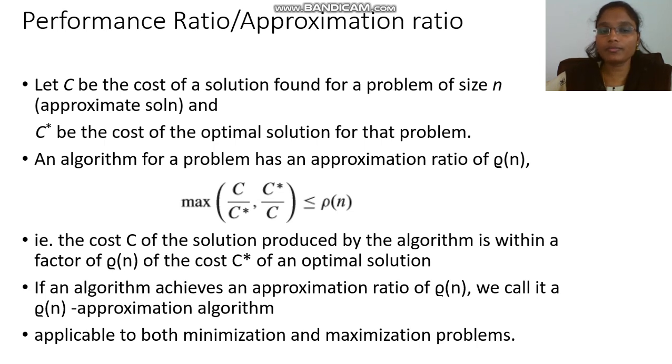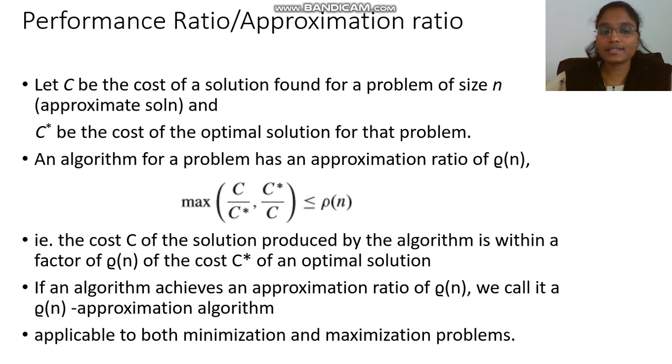An algorithm for a problem has an approximation ratio of rho of n for the given input size n if the maximum of C by C star and C star by C is less than or equal to this factor rho of n.